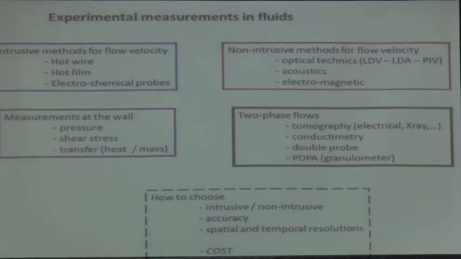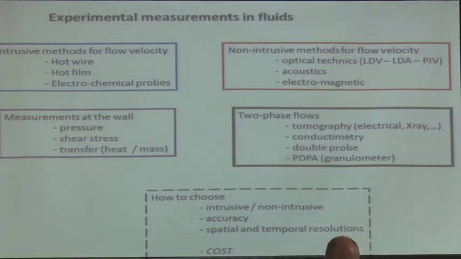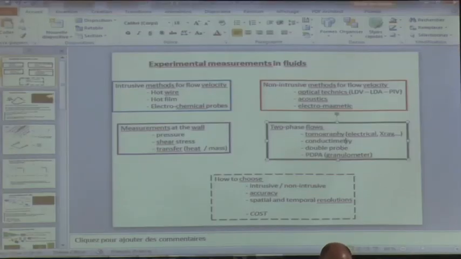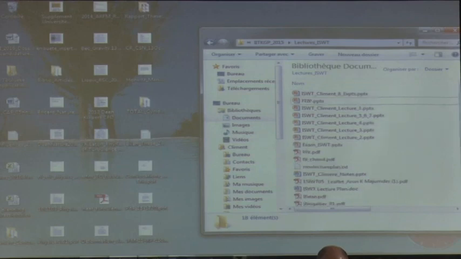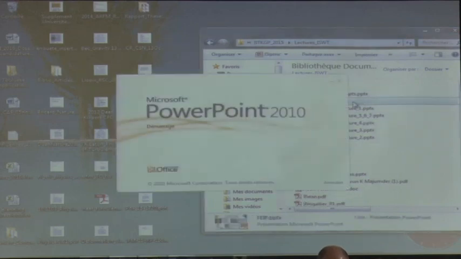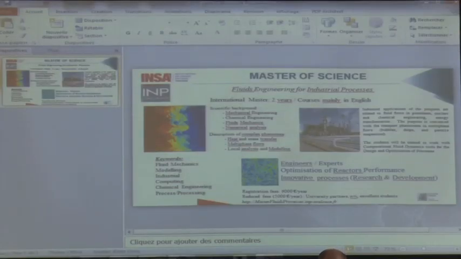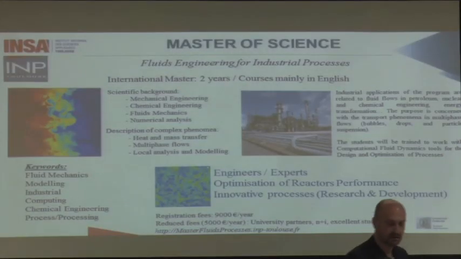Okay, so the last slide I would like to show is the master program that we have, which is based on almost all these aspects. I'm doing research, but as you can see, I'm also teaching.